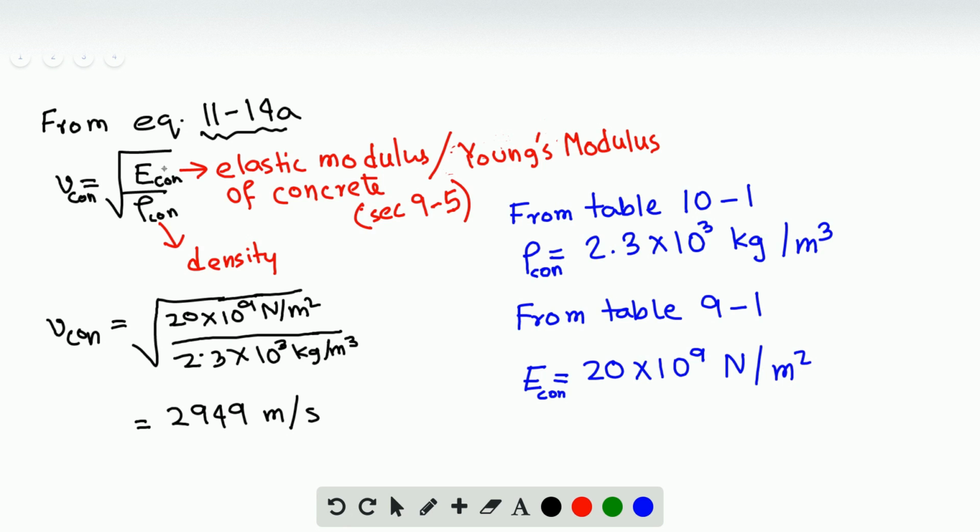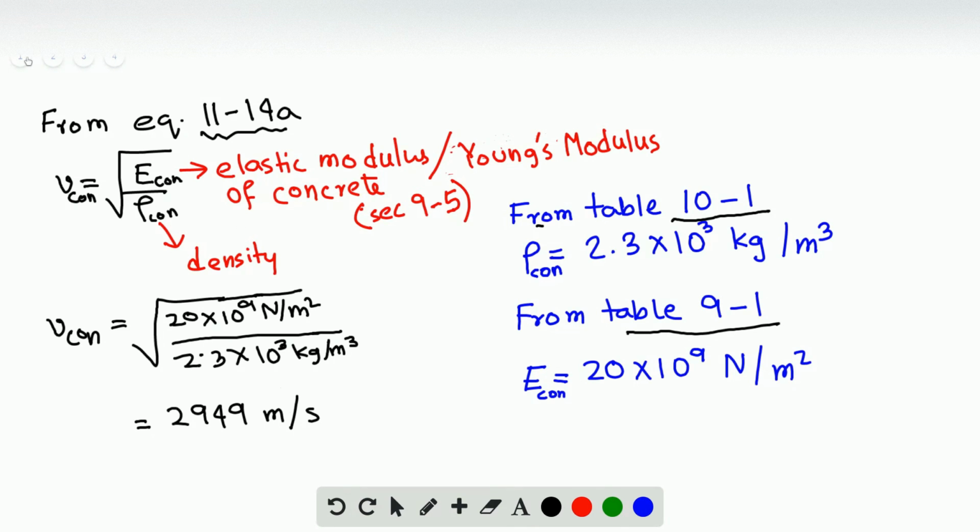We have to look at two tables: table 10.1 to get the density of concrete, and table 9.1 to get the elastic modulus, or Young's modulus, of concrete. We have the values from the tables, and if we put the numbers in and solve, we get 2949 meters per second.